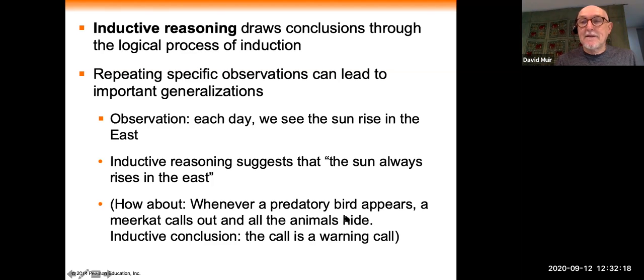That inductive conclusion could lead you to suggest hypotheses and to experiment. For example, you could record the call and play it and see if they bolted for cover. This is not an end point, it's a beginning. As we're going to see in a while, we can move on from inductive conclusions in certain ways.